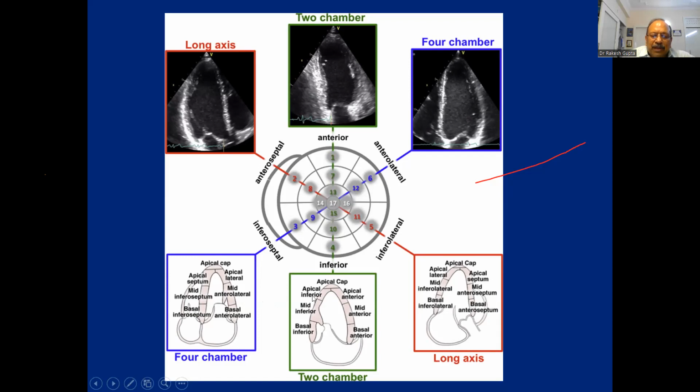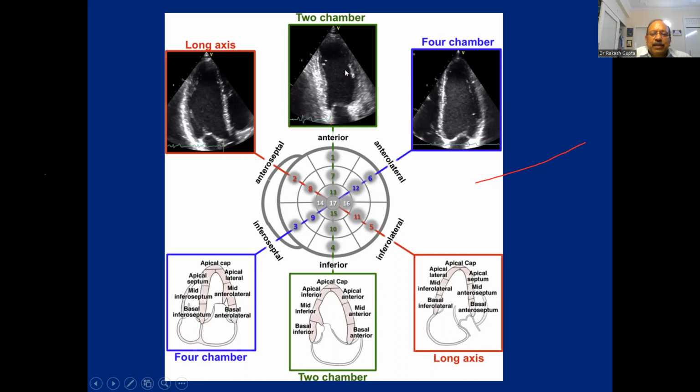Look at the two-chamber view, apical inferior wall, apical anterior wall. So as far as the apical septum, apical lateral, apical inferior, and apical anterior wall are concerned, nothing has changed in this particular model. However, the mid and basal septum have become mid-inferoseptal and basal inferoseptal. And the lateral wall has become mid-anterolateral and basal anterolateral.